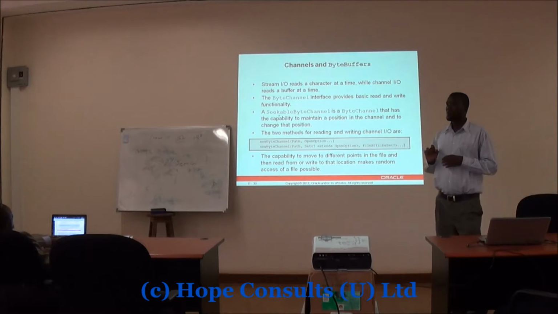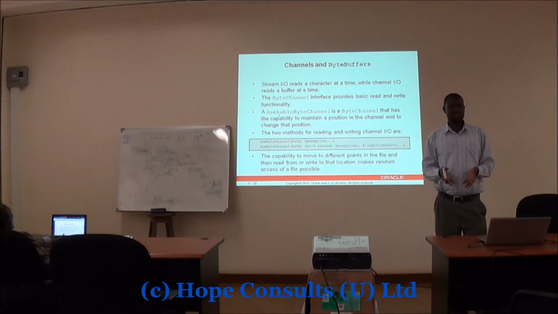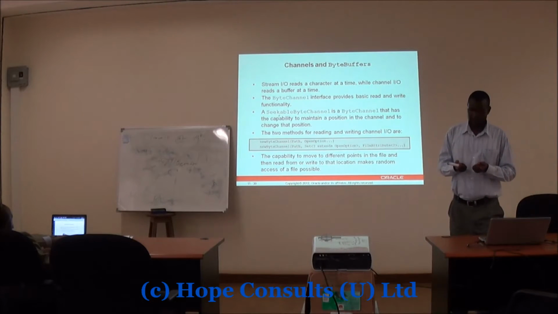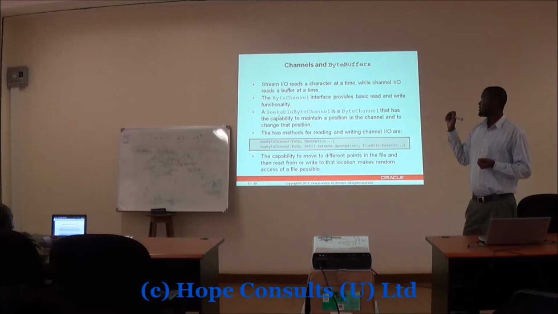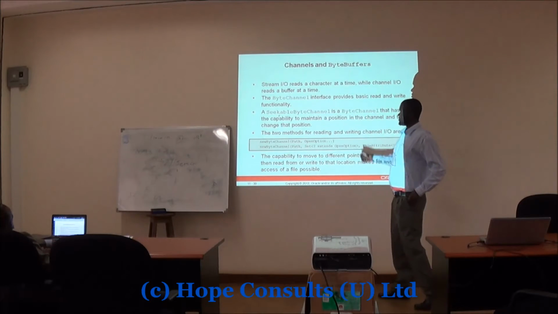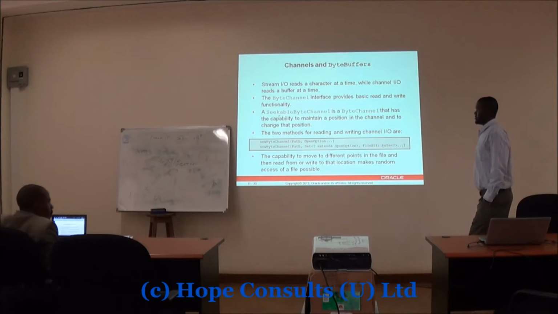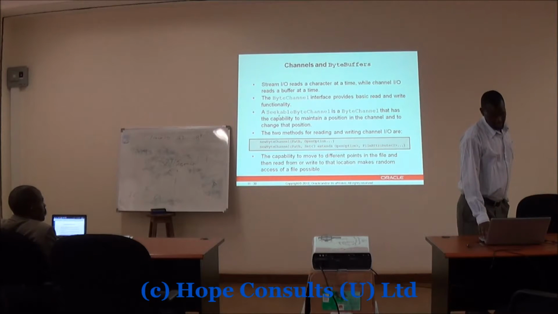But in this case, you can read like 10 lines at once, or the entire file at once, as long as our memory is able to accommodate it. So with channels, we can read a chunk of lines instead of one line at a time.